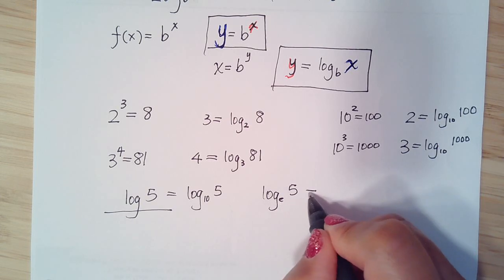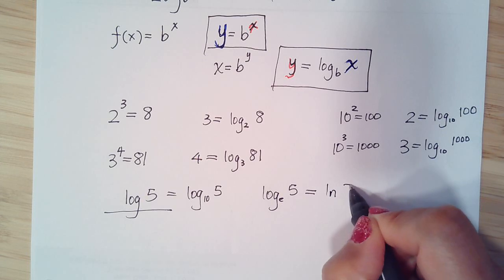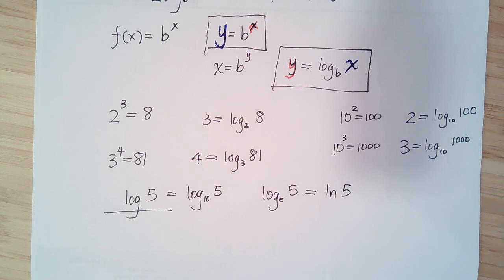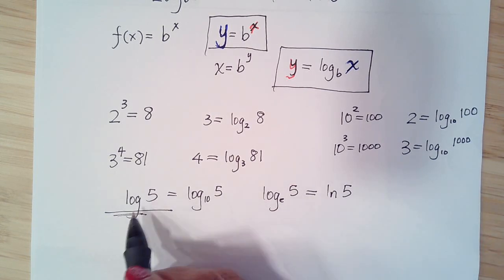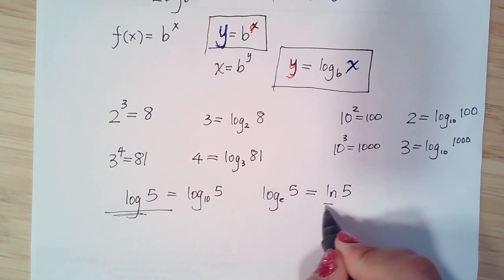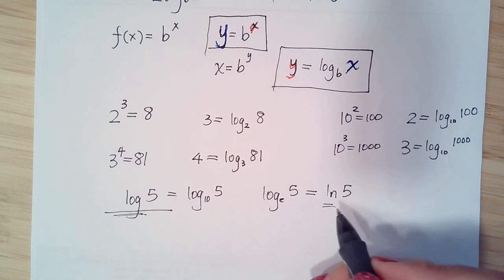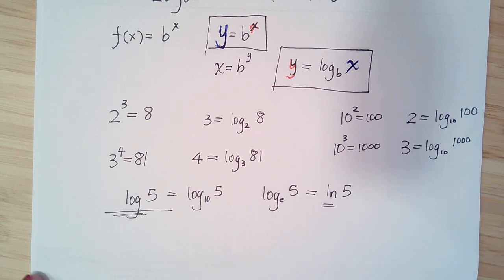There's a way to write it: we just write ln. So if you see ln, that means log base e. This is just a special notation for that. If you see just a pure log, no base, the base is 10. If you see ln instead of log, that means log base e.